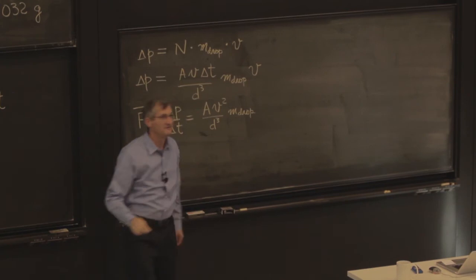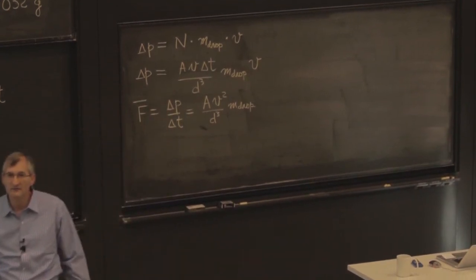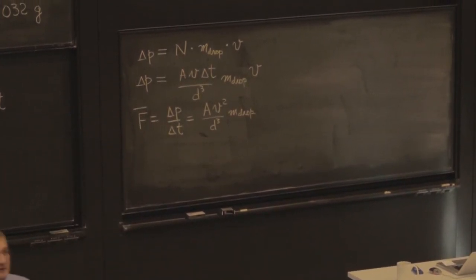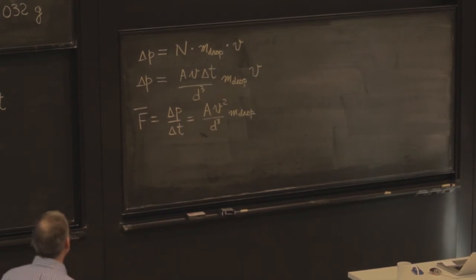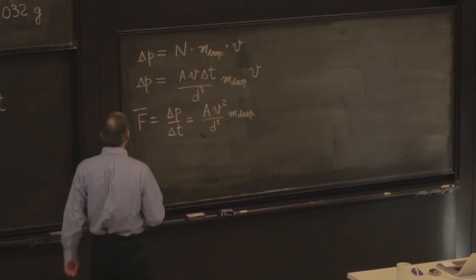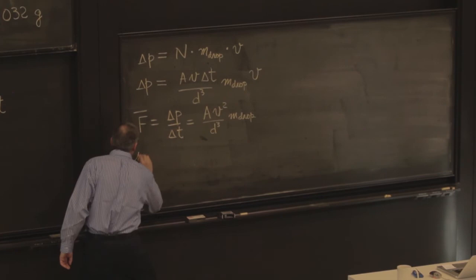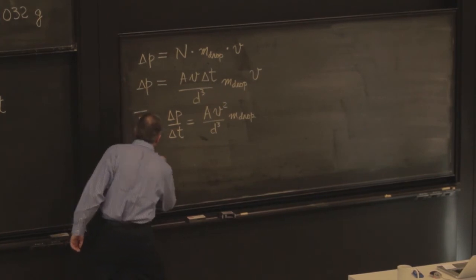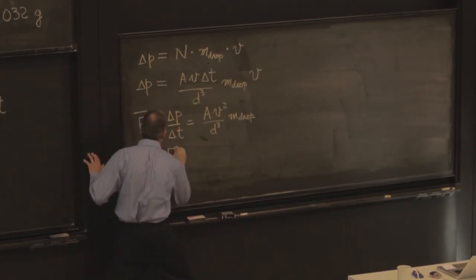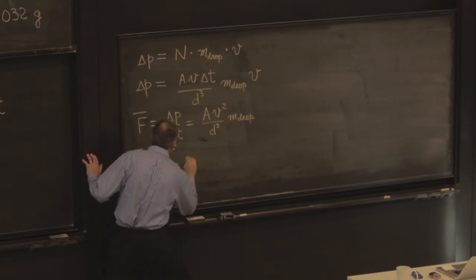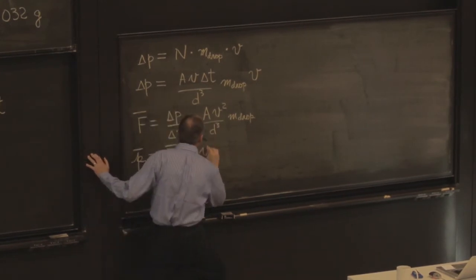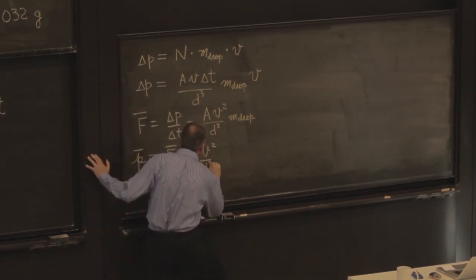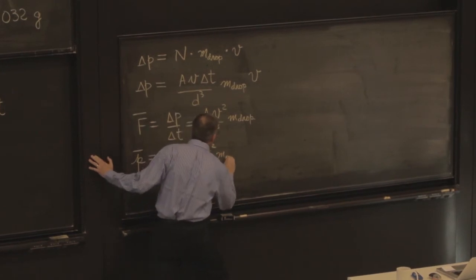And what would be the average pressure? The force per unit area on the ground. Yeah, I just get to divide out the area. So the average pressure would be the force over the area. So that's even simpler. That's v squared over d cubed times m drop.